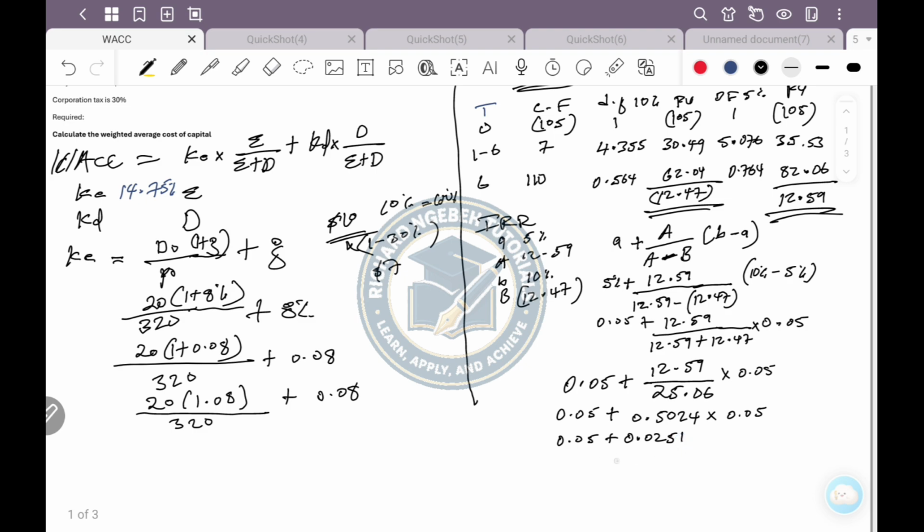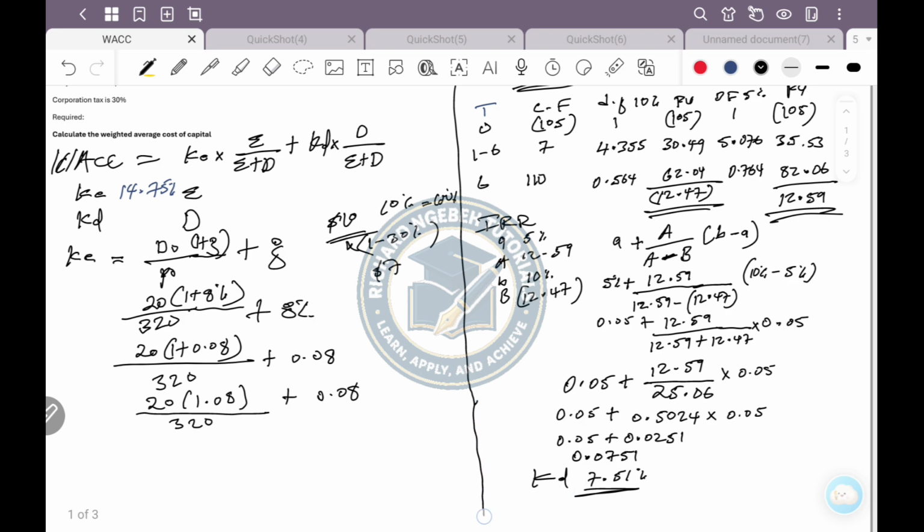When you add these two, 0.0251 plus 0.05, you get 0.0751. When you multiply it by 100%, it's 7.51%. This is your KD, cost of debt, using the internal rate of return.